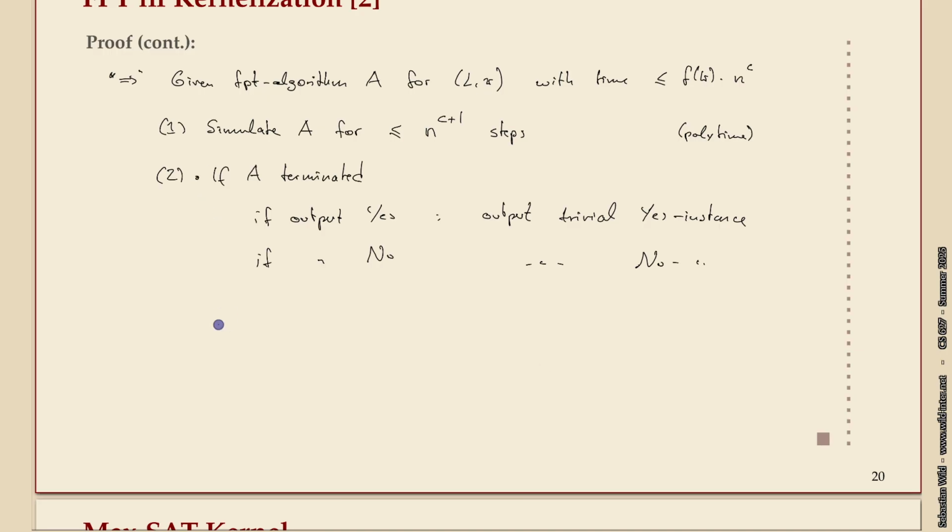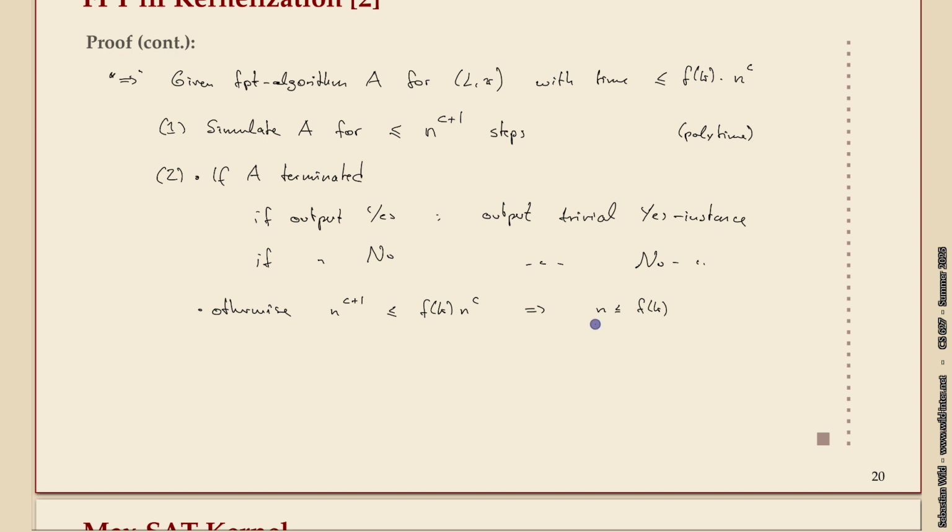So the other option is that A did not finish, and we stop it after this many steps. So that means this was not enough for this time bound. But if that's the case, then we just divide by n to the c and get that n is less than f of k.